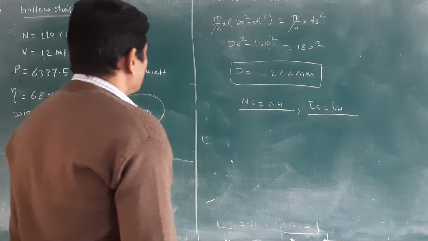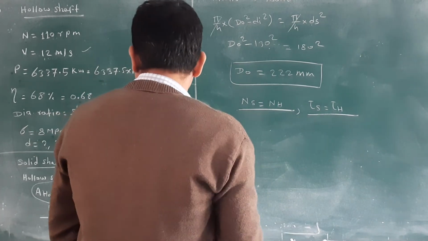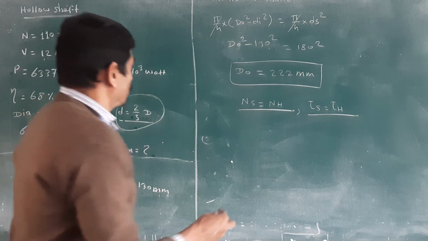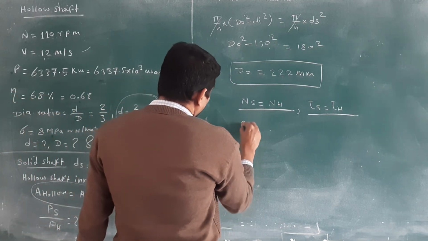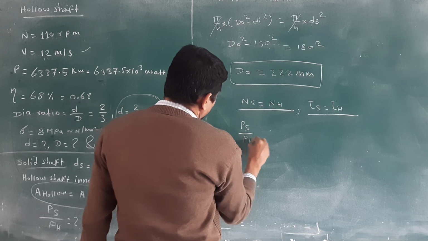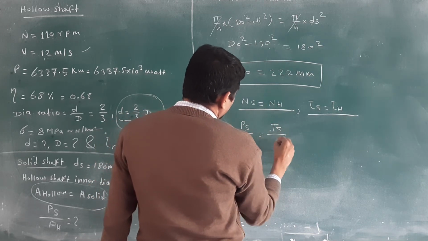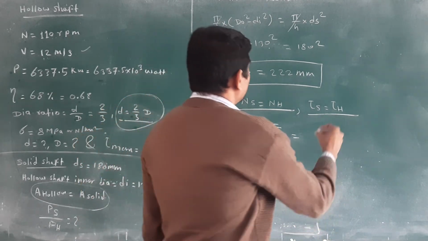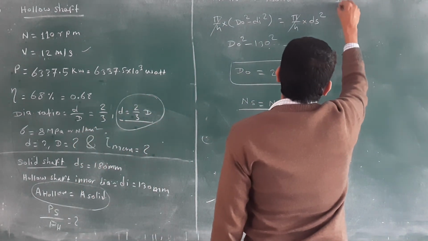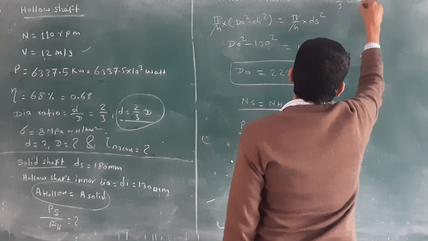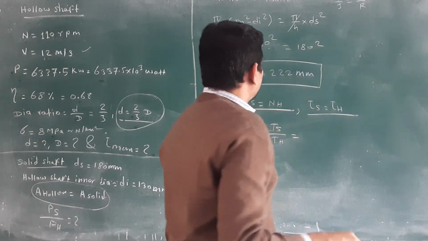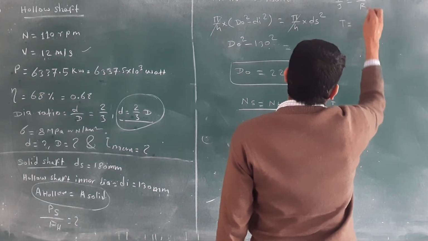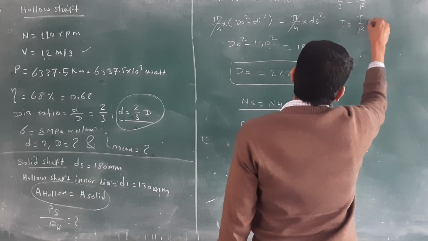If the shear stress induced in the solid shaft is equal to that in the hollow shaft, then we want to calculate PS by PH. You know the formula T by J is equal to tau by R. Then you can write T is equal to J by R into tau.